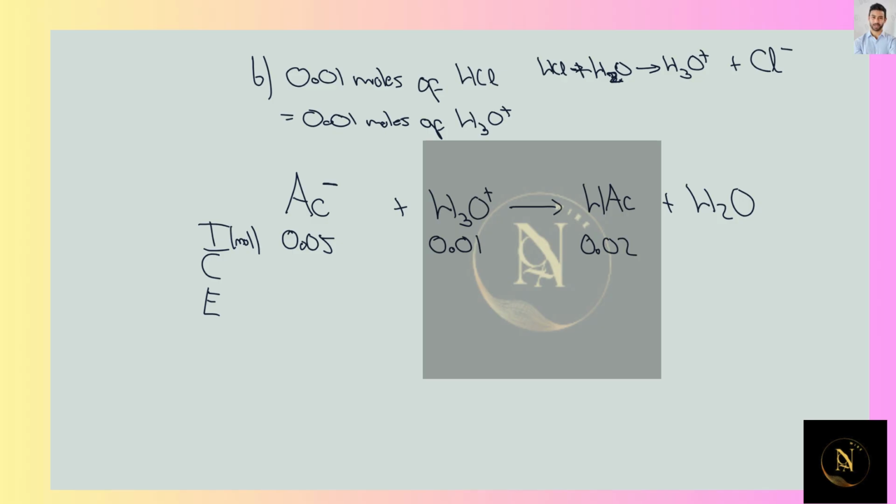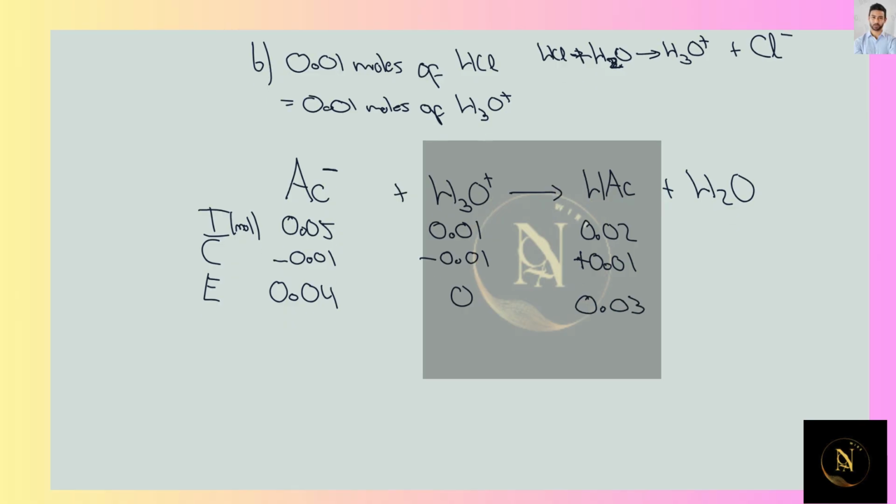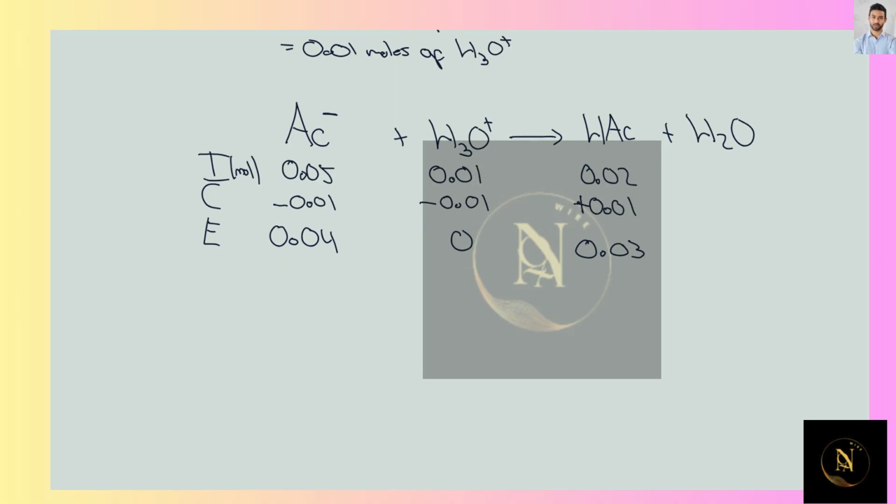The amount of change is given by the limiting reagent, that is the acid in our case. So I subtract in the reactants, add it up in the products. I'm going to get at equilibrium 0.04, 0.03. Perfect. And remember that this is the amount of mole of Ac minus, and this is the amount of mole of acetic acid.